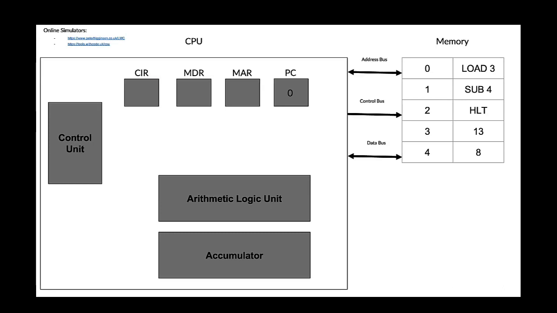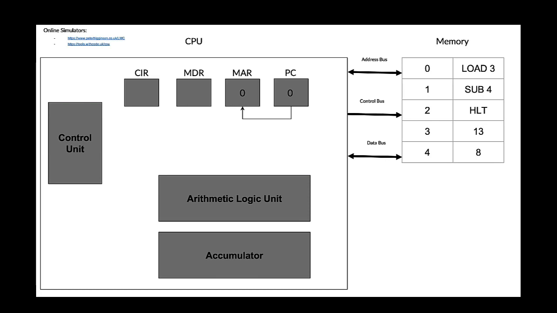That's the first stage. The CPU gets the instructions from memory to do them one by one. When you turn the computer on, the PC register points to address 0. PC sends this value to MAR through the address bus.